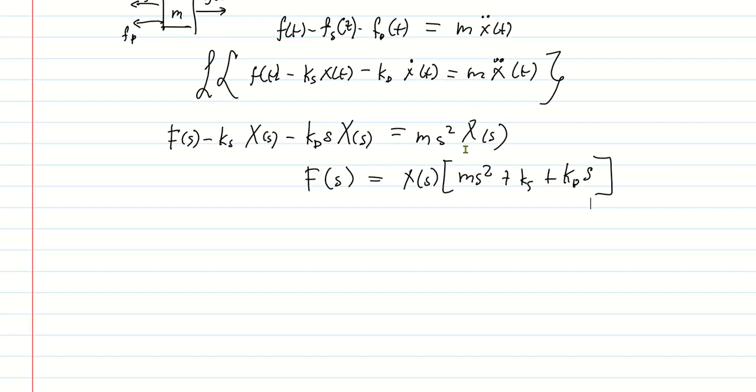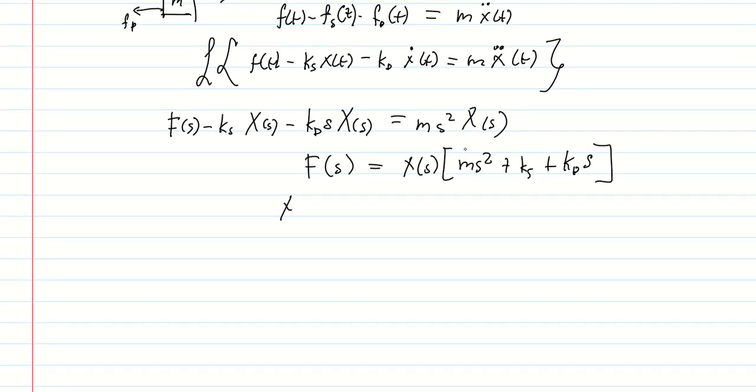Then output over input, our output is X. So X of s all over F of s, the transfer function, will be equal to 1 all over m s squared plus kd times s plus ks.